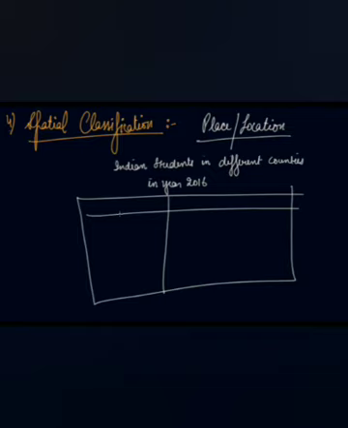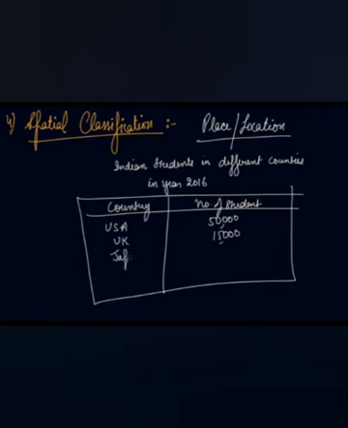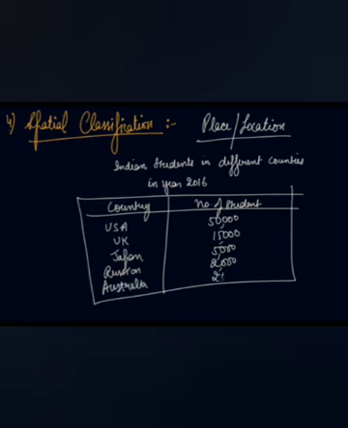that is the country and the number of students. Like USA, there are 50,000 students, UK, there are 15,000 students, then Japan, 5,000, Russia, 2,000, Australia, 25,000.